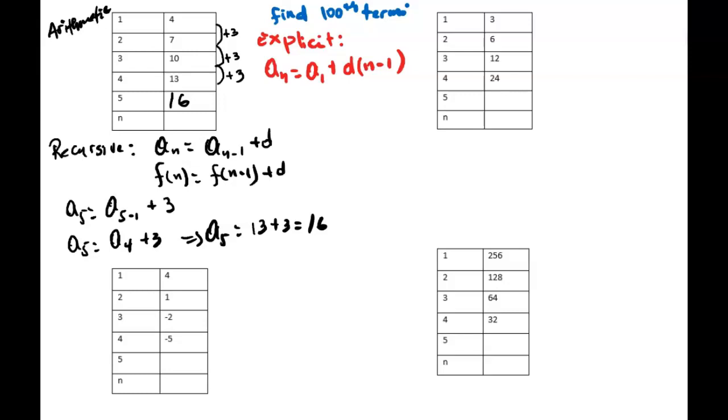And that's also the same thing in function notation. We can say f of n equals a sub 1 plus the common difference times n minus 1. It's the same thing. That's the function notation. So if I want the 100th term, I'm going to erase this for now.